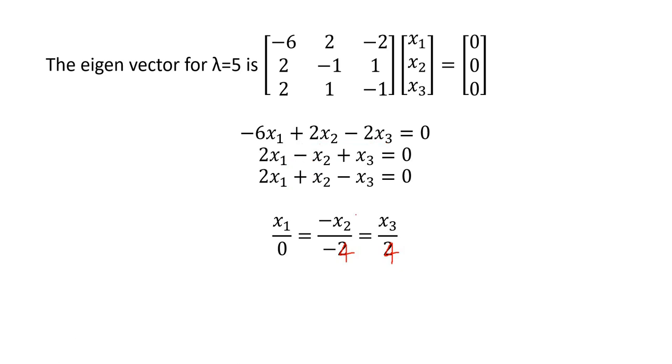For x2, we put a minus here, so minus x2, we avoid the first row and second column. So the balance is 2 into minus 1, which is minus 2, minus 2 into 1, minus 2 is minus 4.